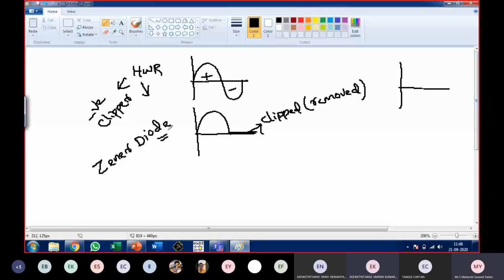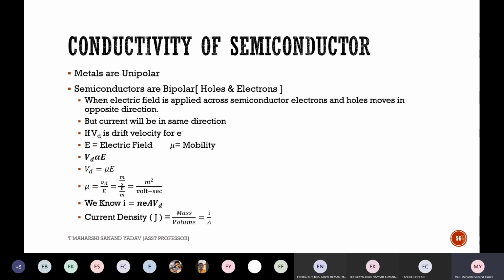Okay, Zener diode. Better I'll record a video and send it to you. As many of you have faced the same issue with this concept, I'll record a separate video and share it with you. Now we shall revise all the concepts that we have discussed.